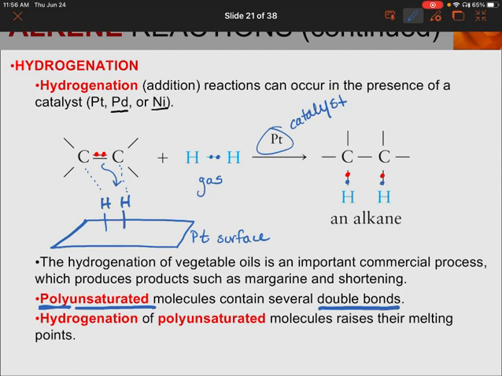Hydrogenation of polyunsaturated molecules, interestingly enough, raises the melting points of the molecules. That can be really important in things like cooking. Because you're adding more hydrogens onto your molecule through hydrogenation, that's going to require more energy in order to melt. So all of these things go back to chemistry and energy.